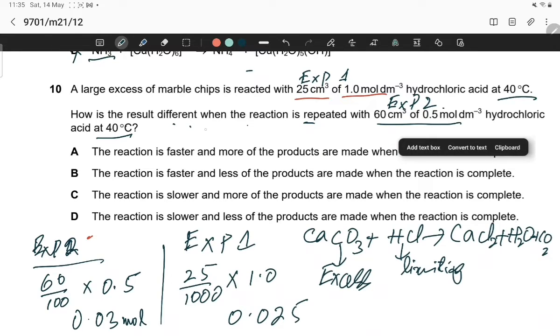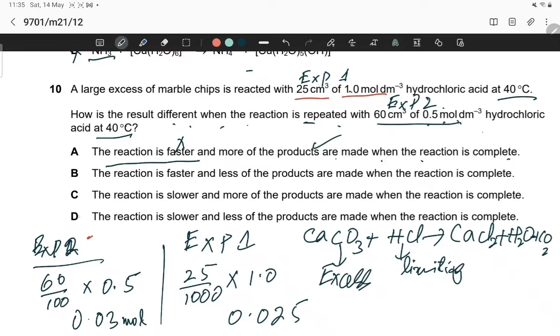How is the result different when the reaction is repeated? The reaction is fastest and more of the products are made when the reaction is complete. More of the reactants are made. Reaction is slowest because 0.5 concentration is reduced when the reaction is complete, 0.03.